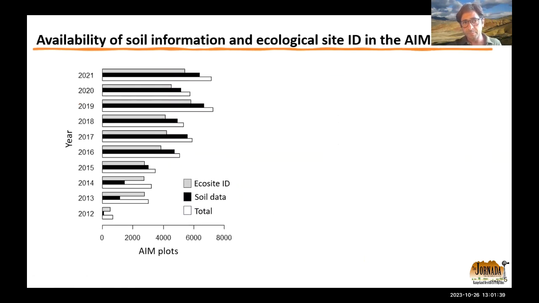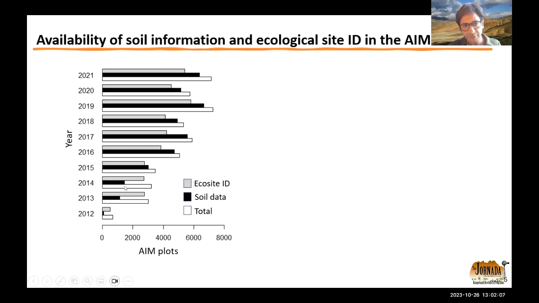In terms of availability of soil observation and ecological site ID in the AIM dataset, since the beginning of the program there has been a pretty good increase in data. Here in this graph, I'm showing the total plots in the AIM dataset, the plots with soil data, and the plots with ecological site ID.